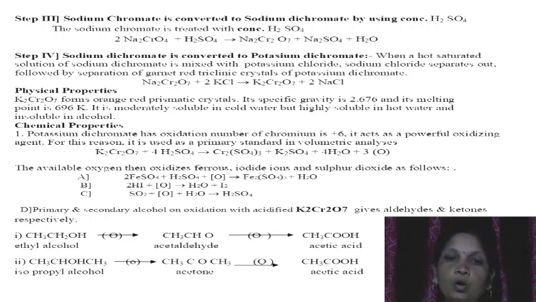Ethyl alcohol is oxidized to acetaldehyde. Acetaldehyde is oxidized to acetic acid. Now the second reaction, we will see the secondary alcohol, that is isopropyl alcohol, when reacted with K2Cr2O7 and H2SO4, that means acidified K2Cr2O7, it will form firstly acetone and then it will obtain acetic acid.